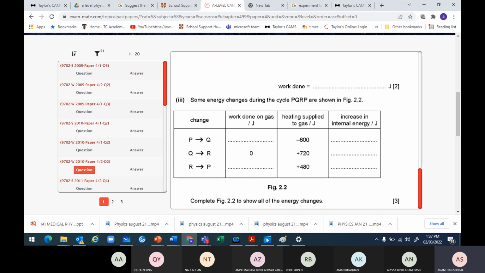The top one. Get the value here, the work done here. Get the internal energy on top here. Get the internal energy for the second row. Let me get these three values first.